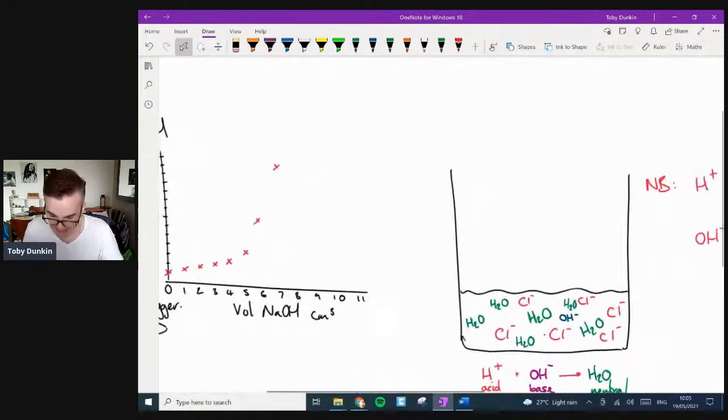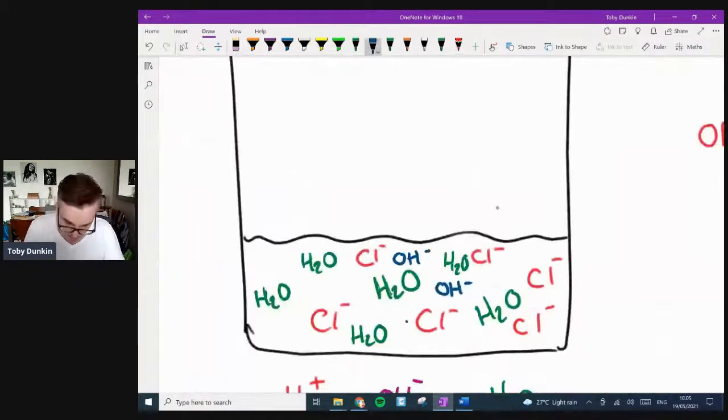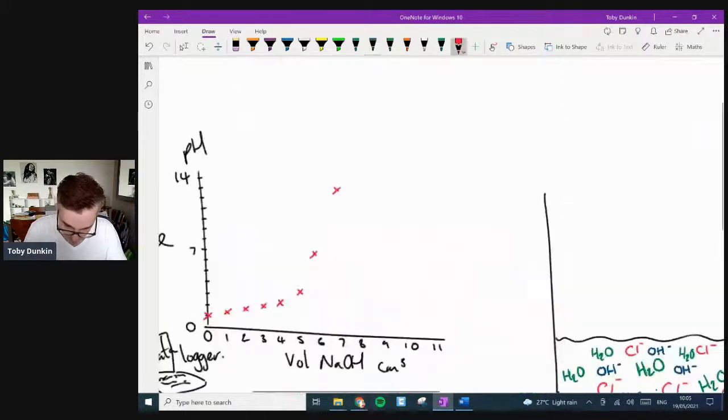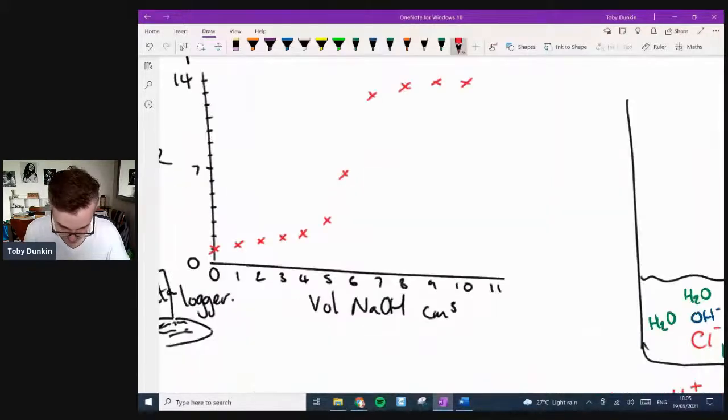And then as we add more OH minuses, it becomes a little bit more basic, but you're already high. So the graph is a very odd graph. There you go. So we get a very unusual graph.